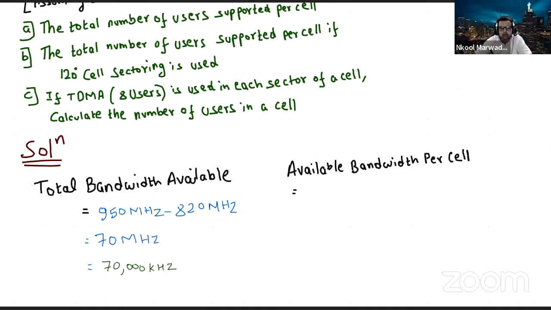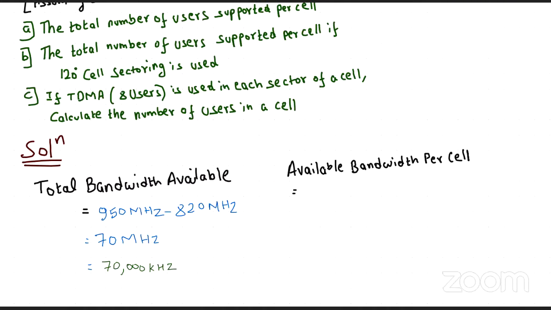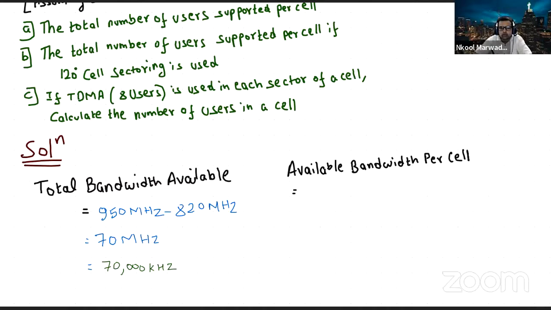So 70,000 kilohertz by 7. Very nice. That is right. Available bandwidth per cell will be 70,000 kilohertz by 7, so it will be equal to 10,000 kilohertz.